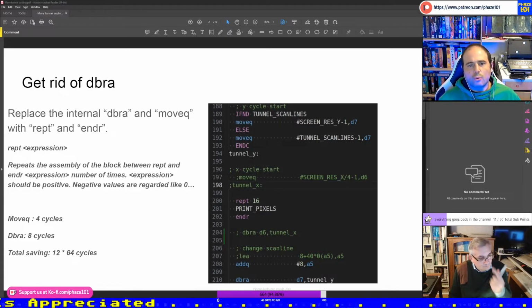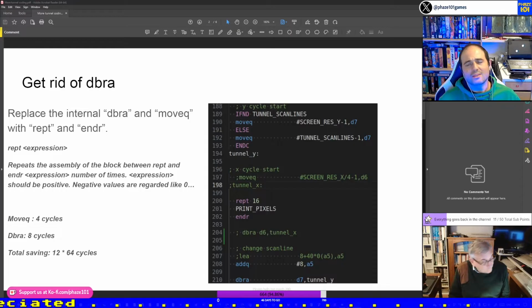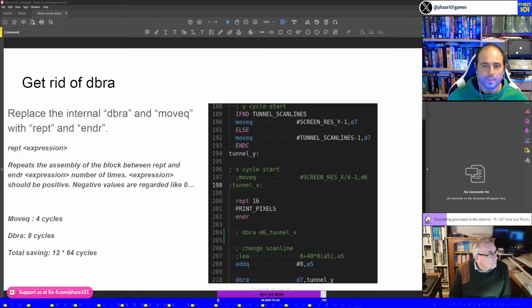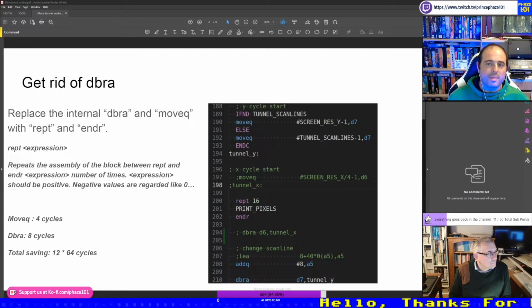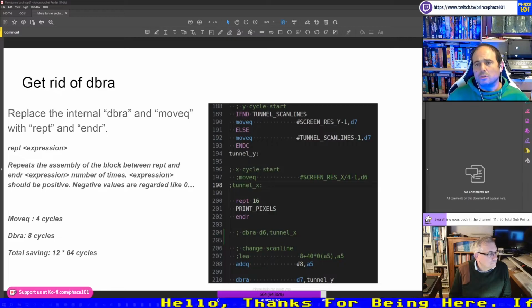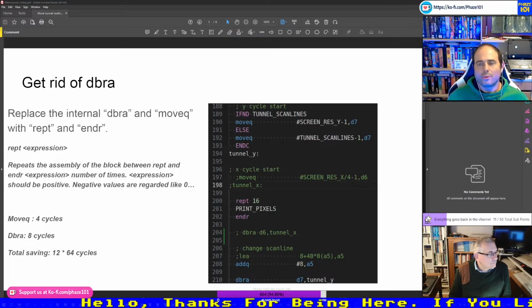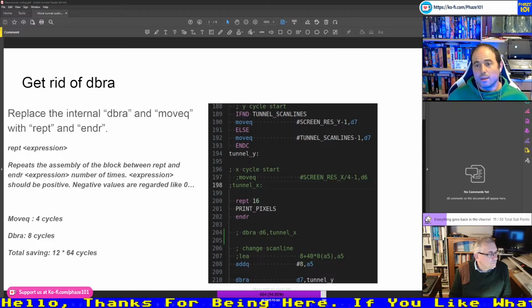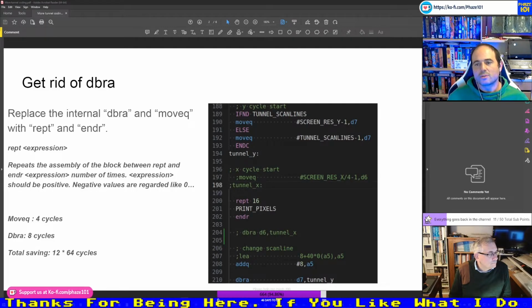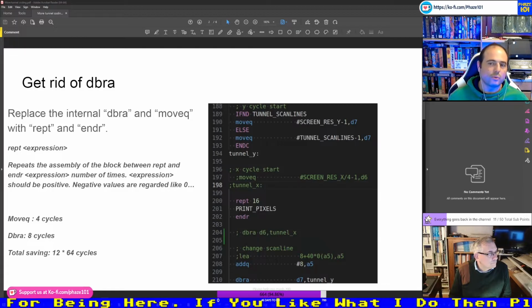And I could also unroll the second, the outer loop. For example, I could get rid of the DBRA at line 210, but you should consider that there are some other problems in place. If you unroll the code too much, you cannot use references relative to the program counter.